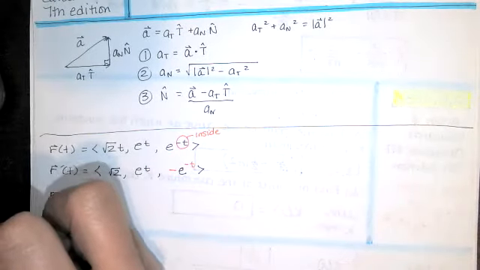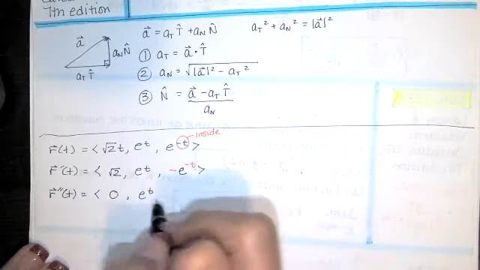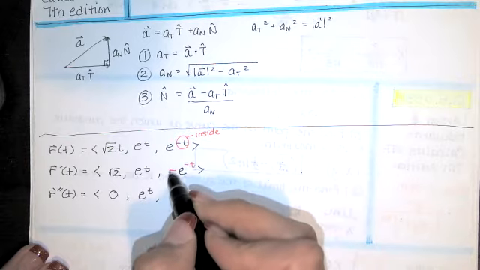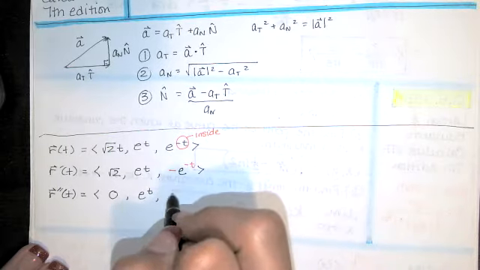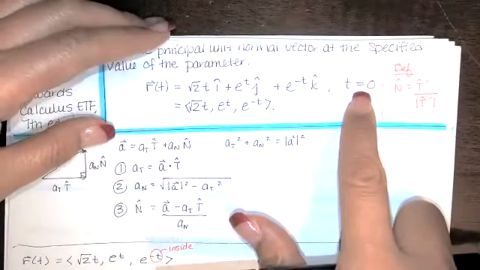That's r prime. Our r double prime comes from taking the derivative of that again. The derivative of a constant is 0. The derivative of e to the t is e to the t. When we take the derivative again, we'll end up multiplying by another negative 1 by the chain rule. A negative times a negative will make that a positive. So this is our acceleration vector in general, but we want the acceleration vector at time t equals 0.